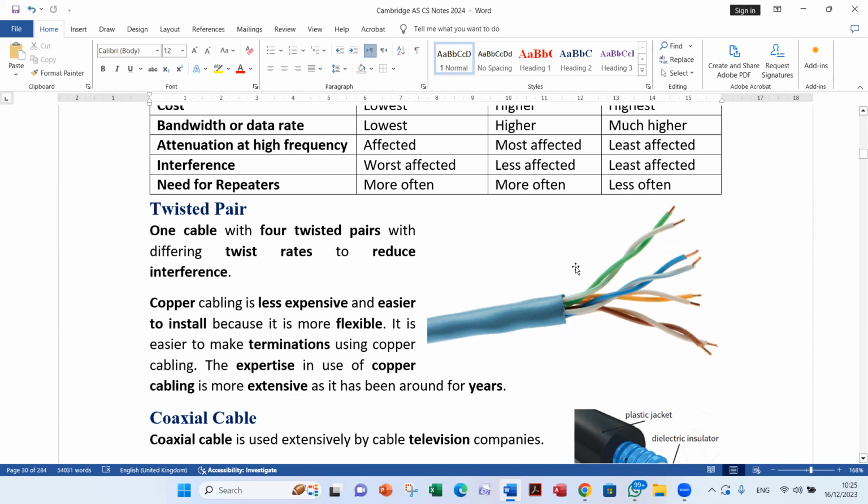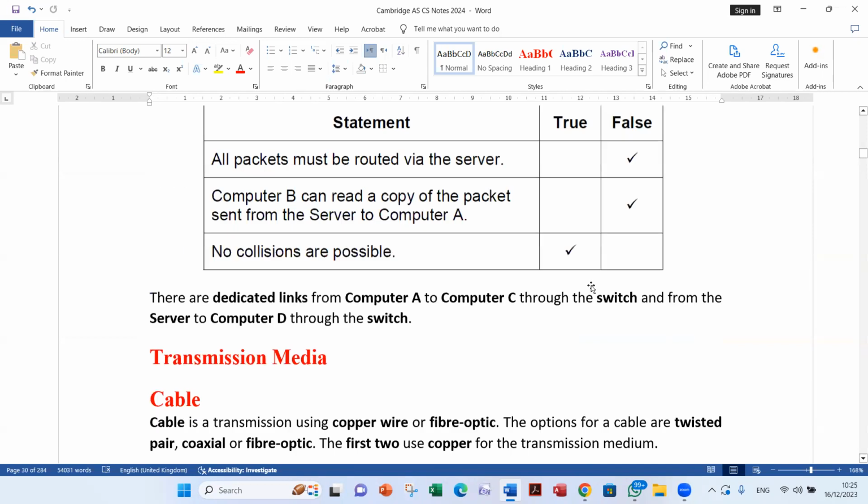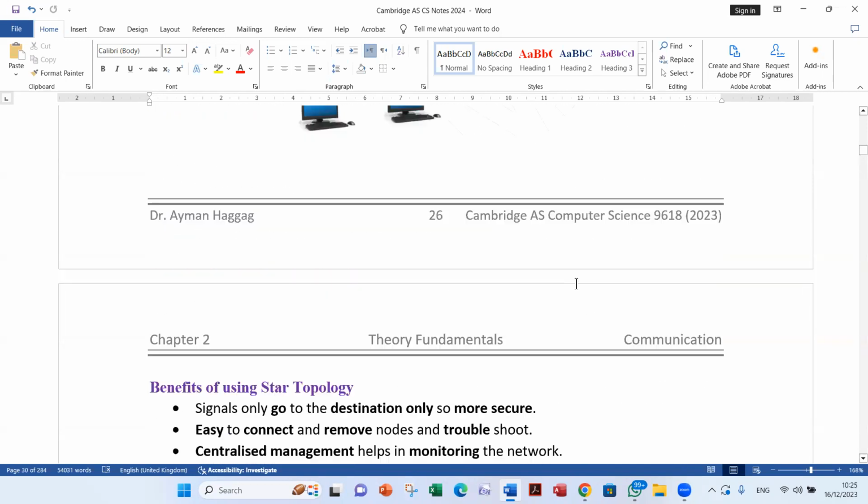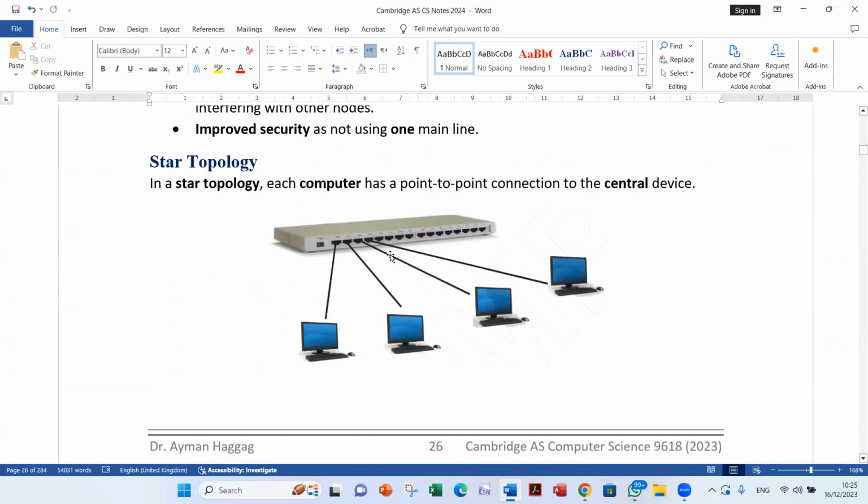With twisted pair, you have full duplex, send and receive both at the same time. I think this is the most commonly used transmission media in networks nowadays, because the most commonly used topology nowadays is the star topology.